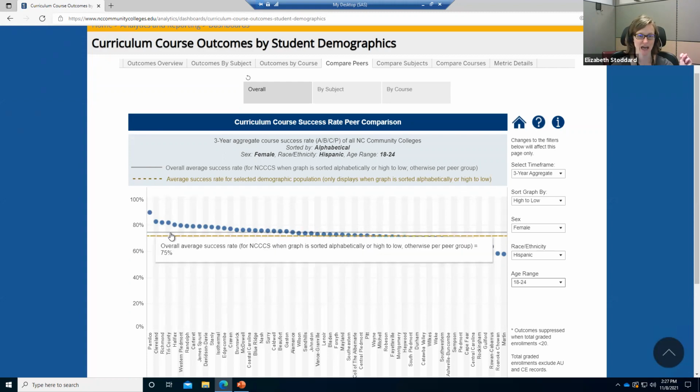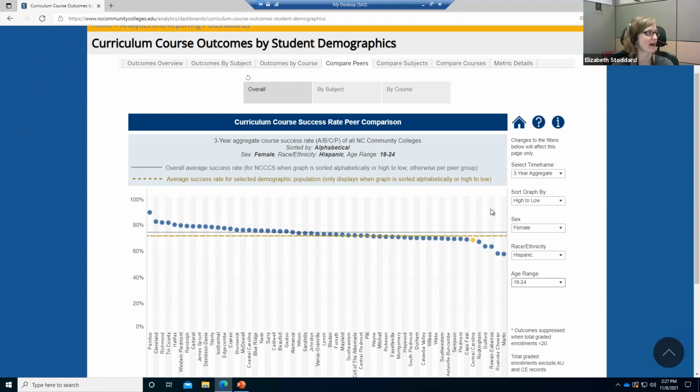The gray line, not sure if y'all are able to see this very easily, that's going horizontally here, is the overall NCCCS success rate. And the gold dotted line right here is the average success rate for our selected demographic population. So there's not that much of a gap right now for this population.